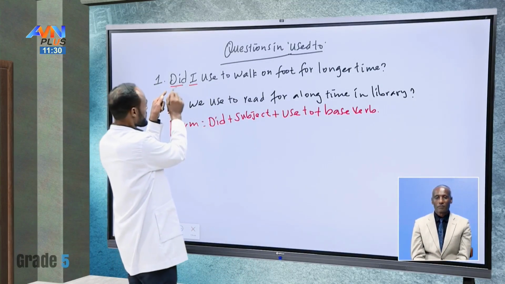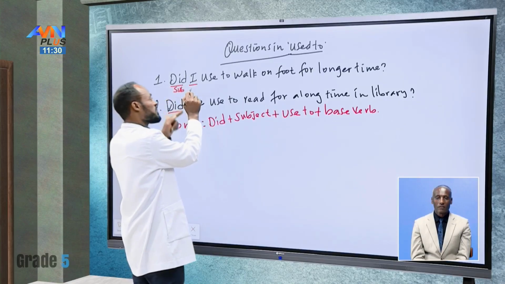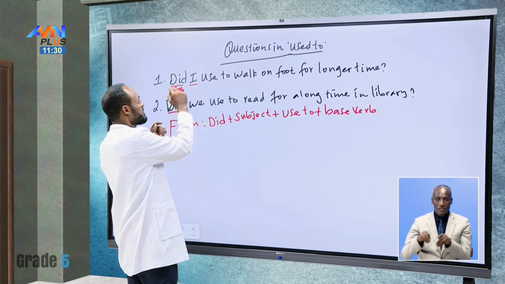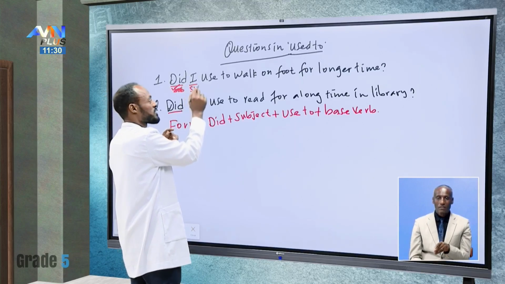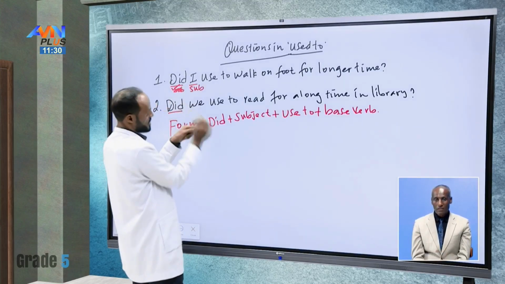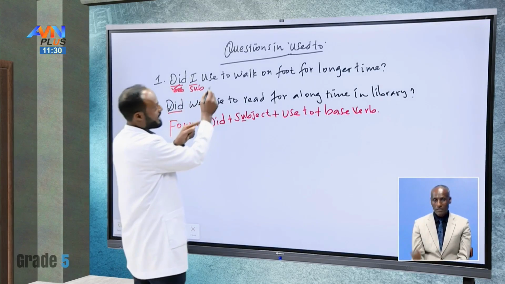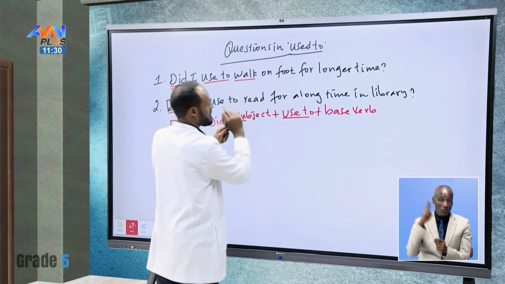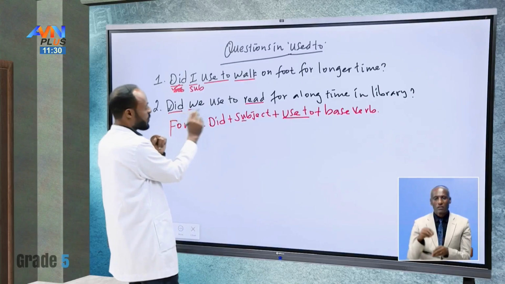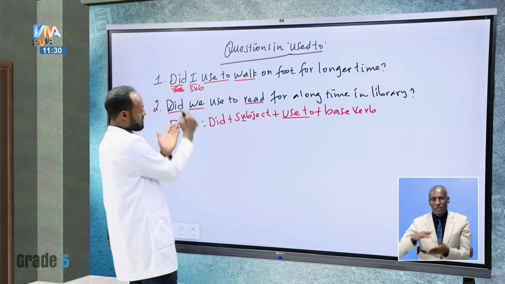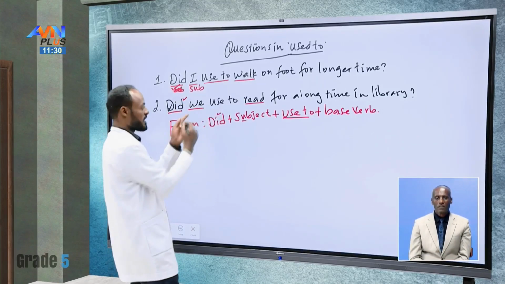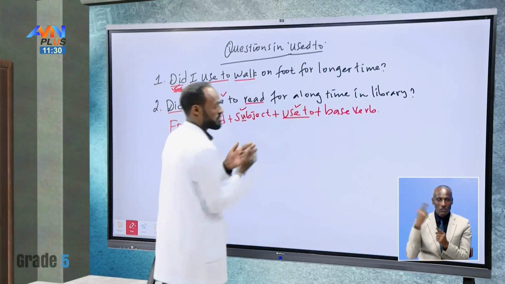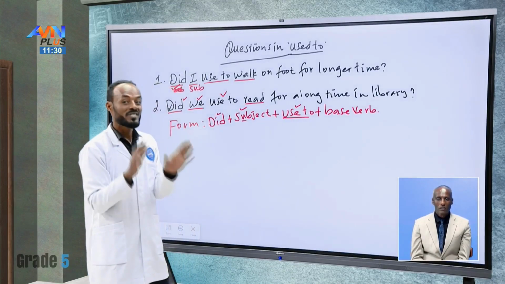So this one is did. Did is here, past indicator. This one is subject. Put here. Did, subject, and then use to. Walk, read, we. All of them are what? Did here, subject here, use to here. We cannot say used to.